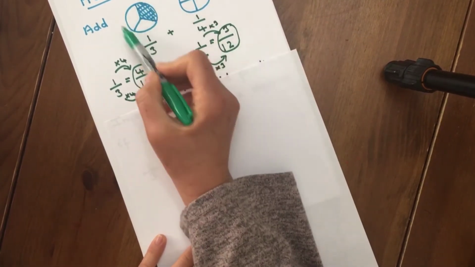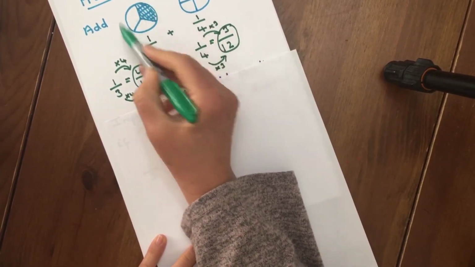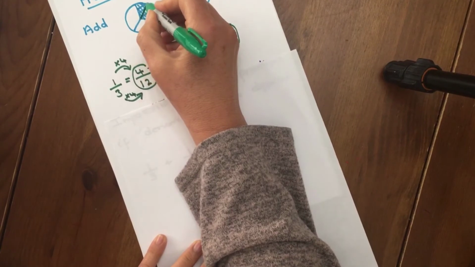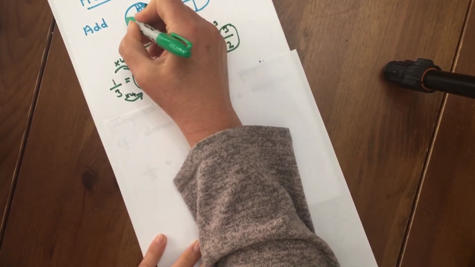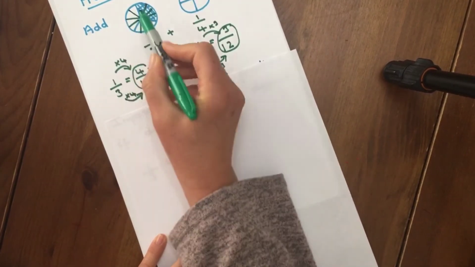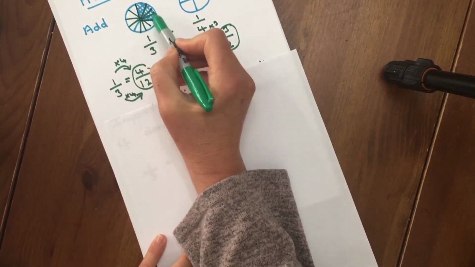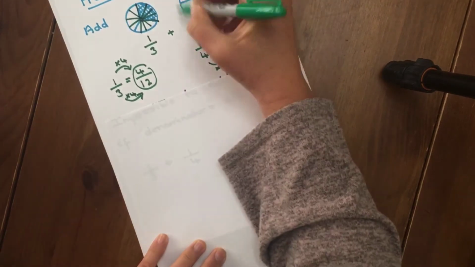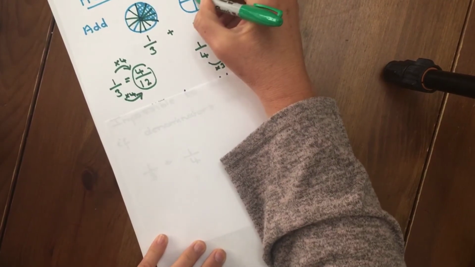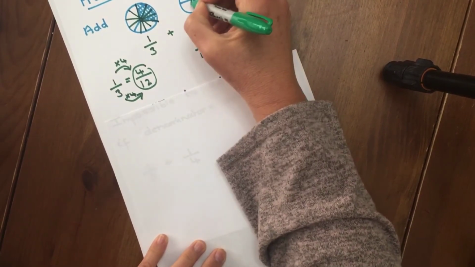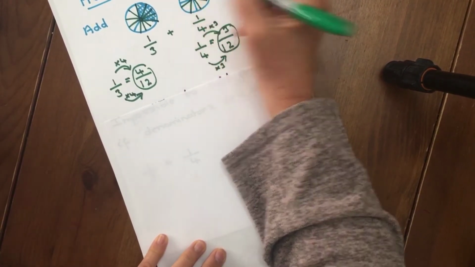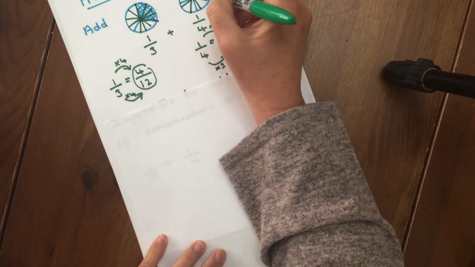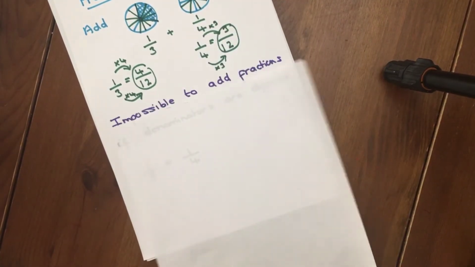Because if I divide that into 12 parts, not 3 parts, so if I divided each of these into 12, you can see here I'd have 4/12. If I divide this circle into 12, I would have 3/12. So 4/12 plus 3/12 is 7/12.